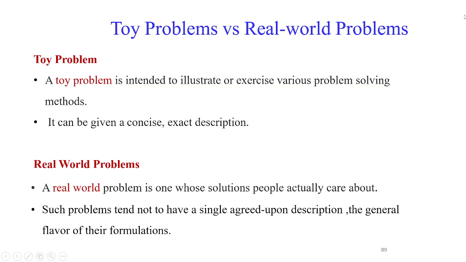Compare that with a real world problem, one whose solutions are what people think about. Take for example medical diagnosis, a routing problem in a city, or translating between human languages. These problems tend not to have a single agreed upon description because different people define them differently. The rules keep changing and the environment is unpredictable.